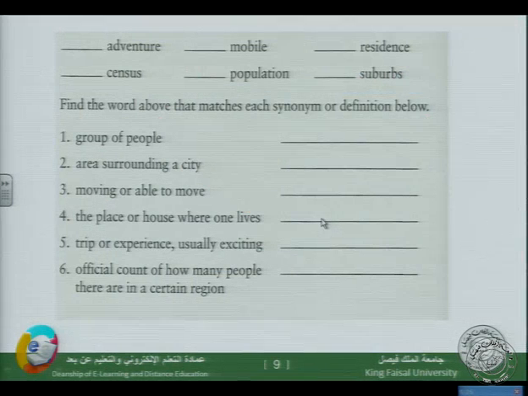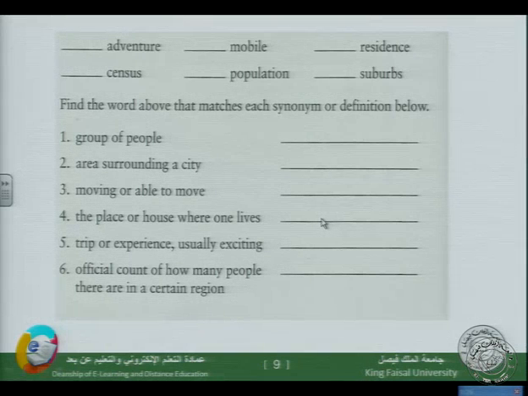Today is a vocabulary day, and I want you seriously to understand the meanings of these vocabularies. Now, our new ones are adventure, mobile, residence, census, population, suburbs. Find the word that matches each synonym or definition below.